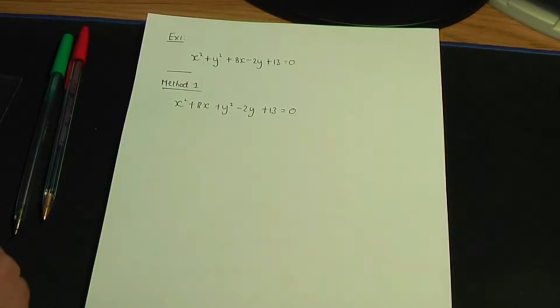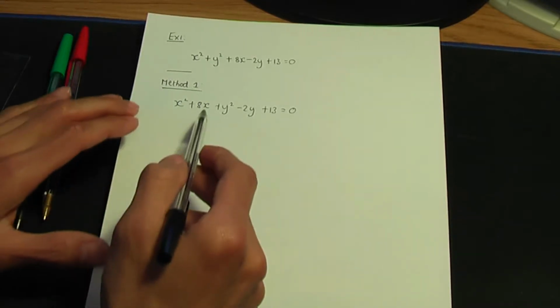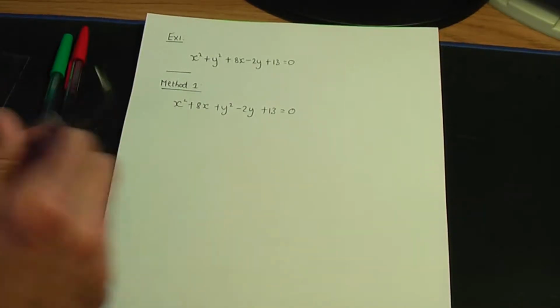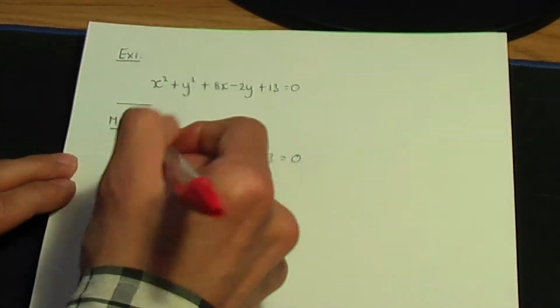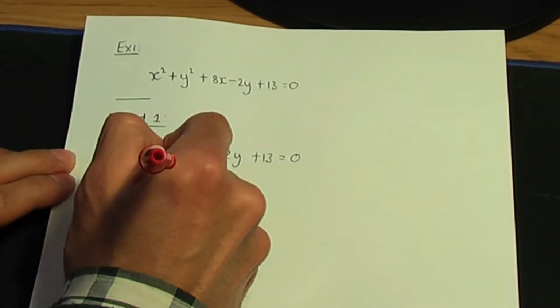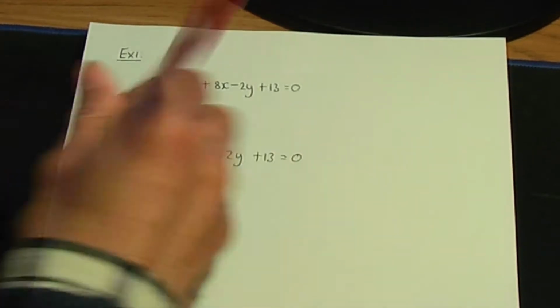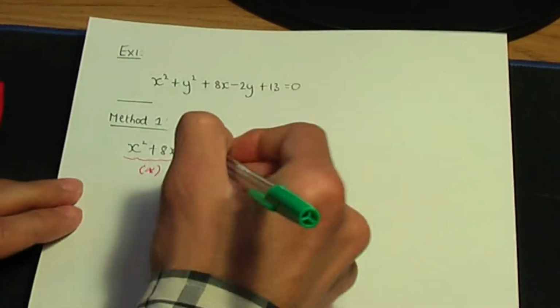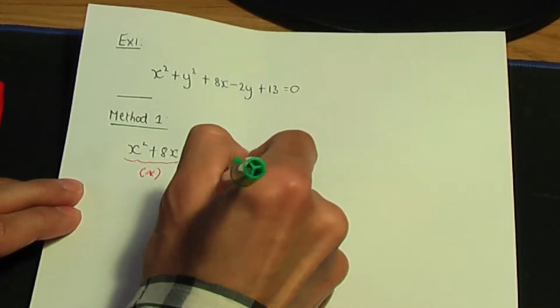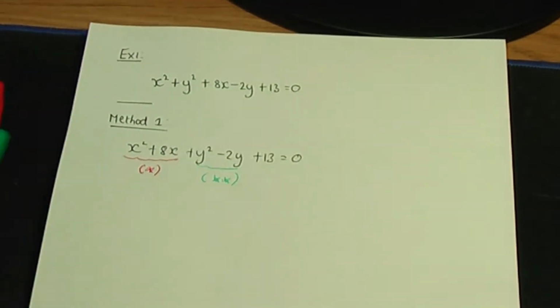In order to make it in the form (x minus a) squared plus (y minus b) squared is equal to r squared, the next step is to use completing the square and write x squared plus 8x, which I'm going to call star, and use completing the square and write y squared minus 2y, let's call that double star.